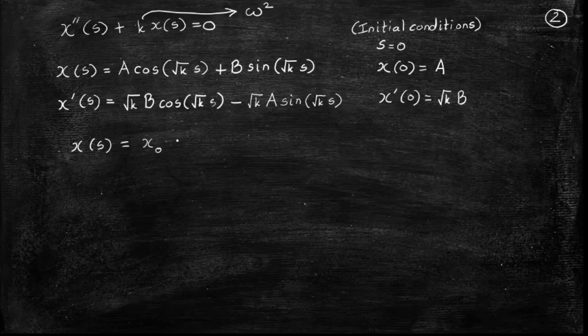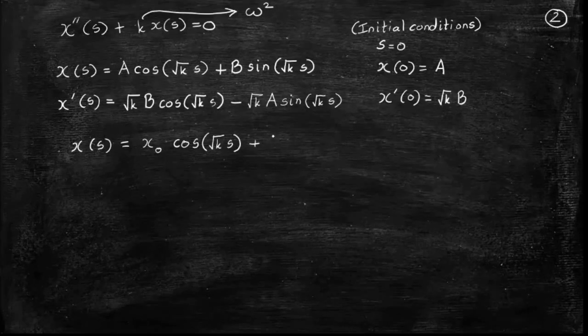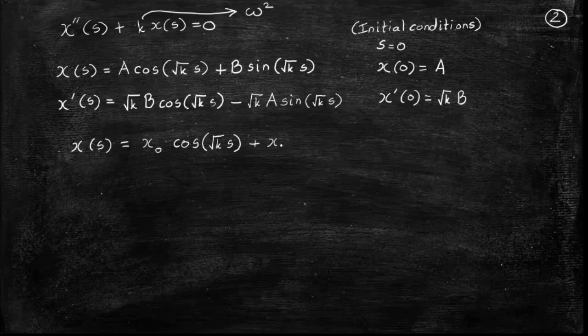It has the same meaning. x0 cos of root k times s, I am substituting for a and b by the way, plus, if you look at this carefully, x0 prime into 1 over root k.